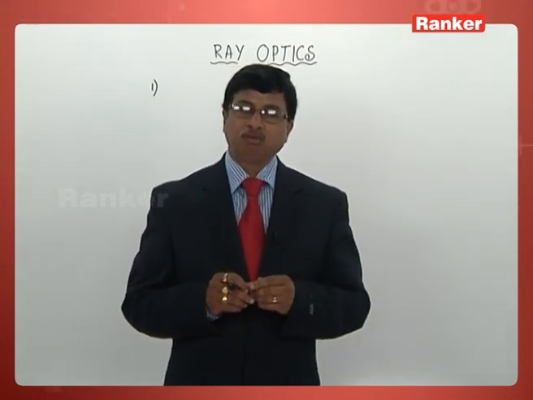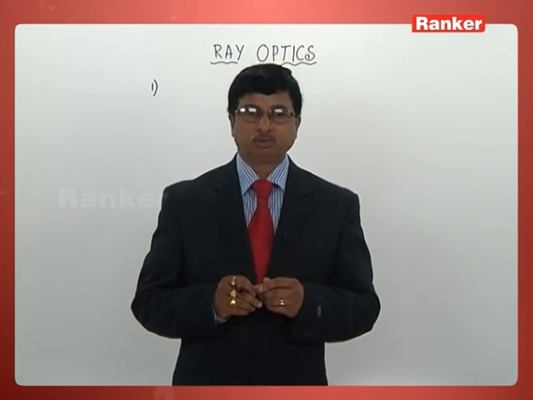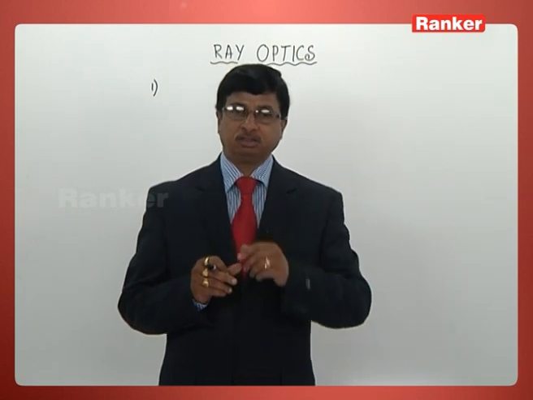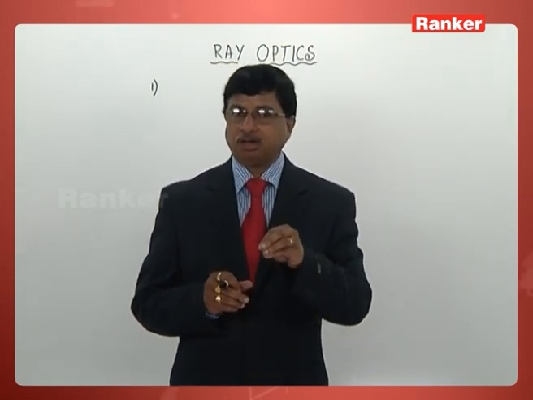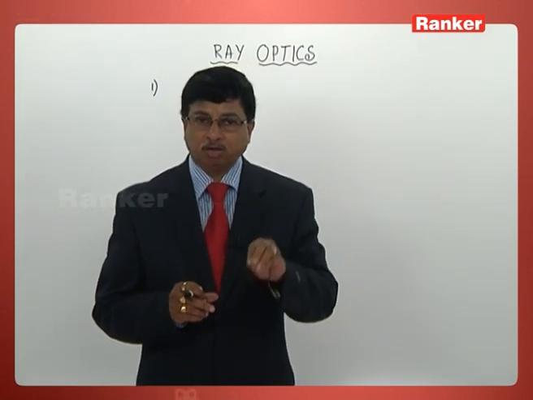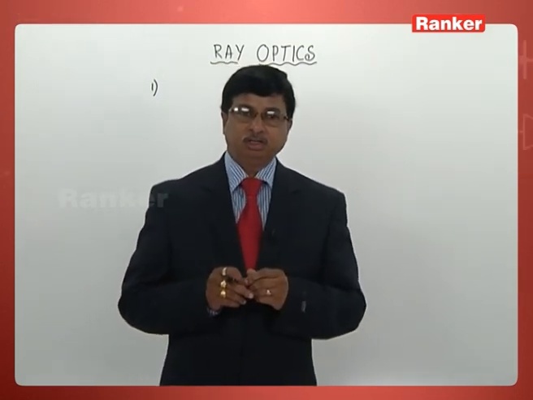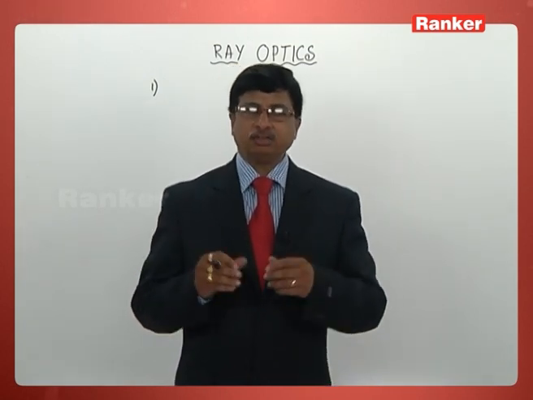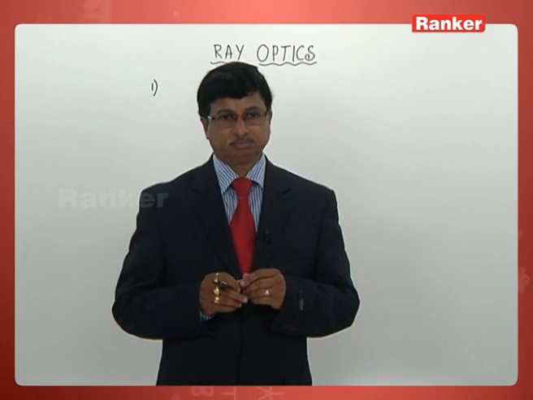The new convention we follow is: in the direction of the incident ray, all the distances are to be taken positive, and the distances are to be measured from the pole of the mirror.